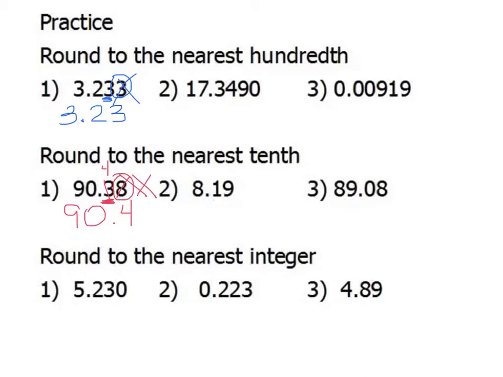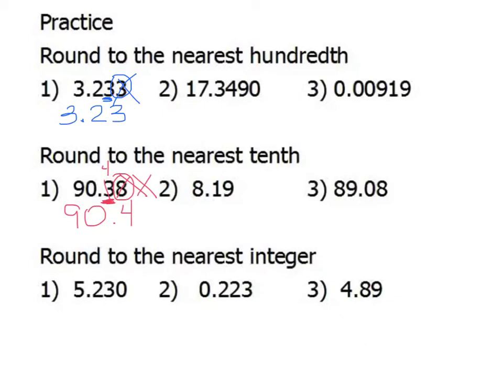The last one is round to the nearest integer. So the definition of an integer is a number that can be written either positive or negative as a whole number or as not as a fraction. So what I like to do when rounding to the nearest integer is I like to think of money, and I'm going to round to the nearest dollar amount.